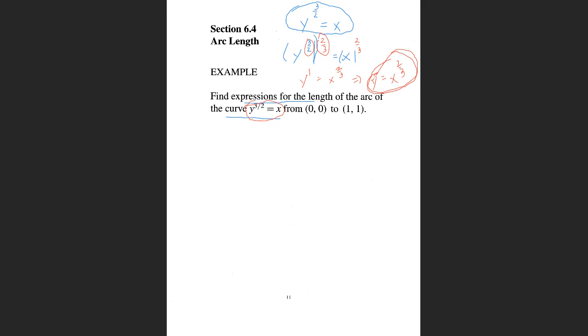Let me ask you this. What if, instead of letting t be a parameter, we were to just work with the arc the way it's written, x equals y to the 3/2 power? If we were to choose a parameter instead of t, could we choose y or x?